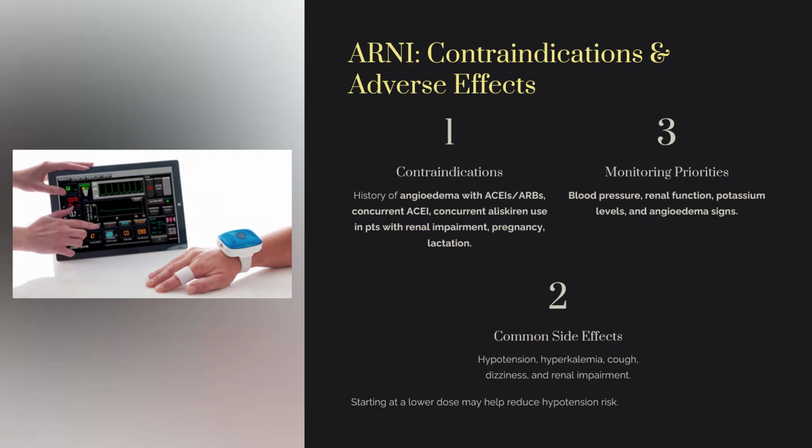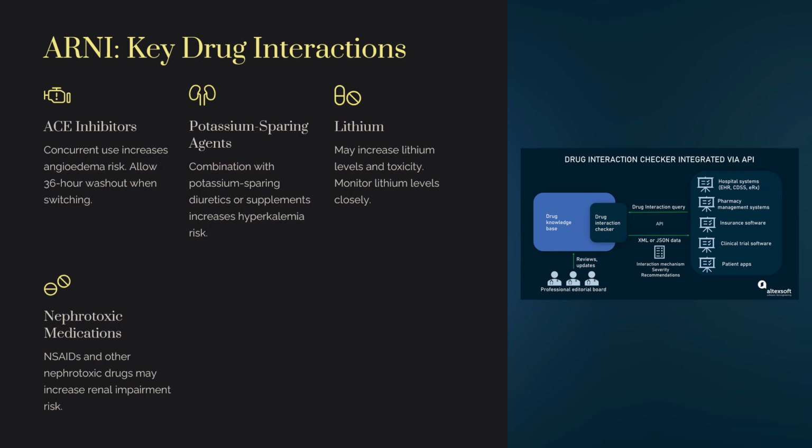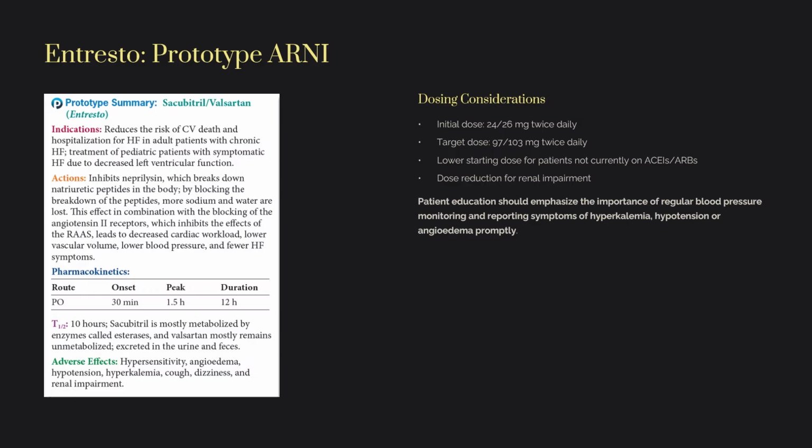So we usually start them at a lower dose. Drugs that can cause an interaction with this are ACE inhibitors, potassium sparing drugs, lithium, and nephrotoxic medications, which include NSAIDs. Your information for this is on page 787 and 788.